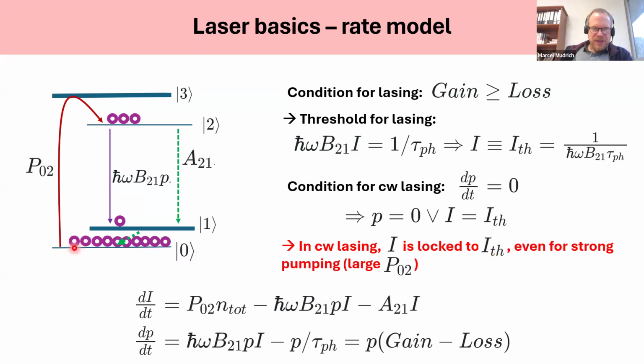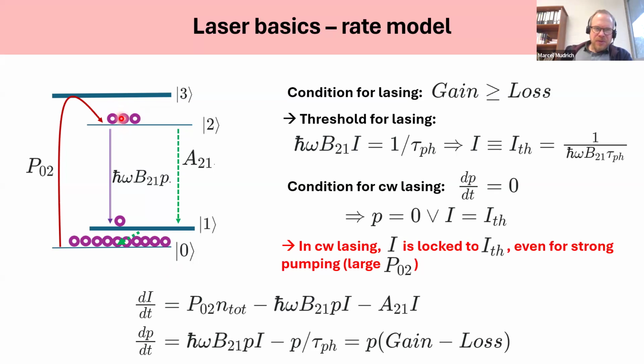Where does the energy go if we now pump in a lot of energy and try to increase the inversion? Well, naturally, by this coupled rate equation, the more we try to increase population in the upper laser level, the more stimulated emission sets in and again depletes the population in the upper laser level.